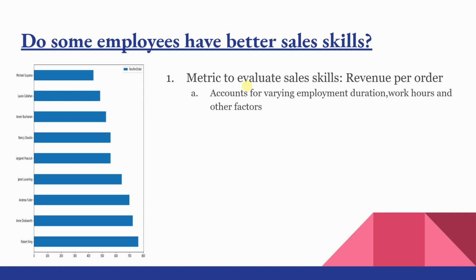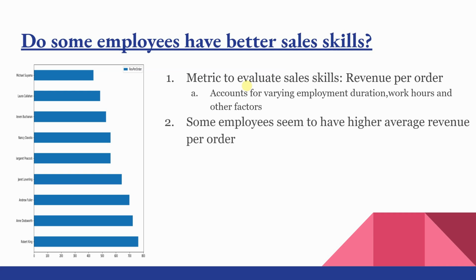So if we looked at just the absolute values of the revenue that they were collecting, that would not at all be a good, reliable metric, because it's not factoring all those things in. But when we look at per order, you can deal with 3 customers and have 3 orders placed, or 300, but per order, how much are you on average collecting in terms of revenue? And I thought that was a robust metric in order to evaluate sales skills.